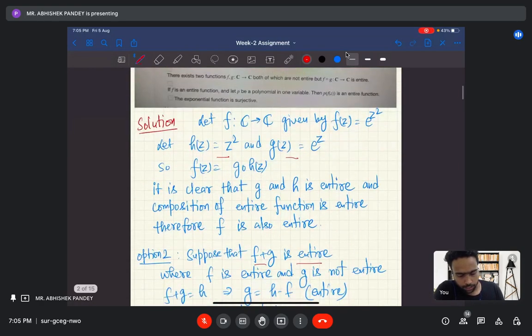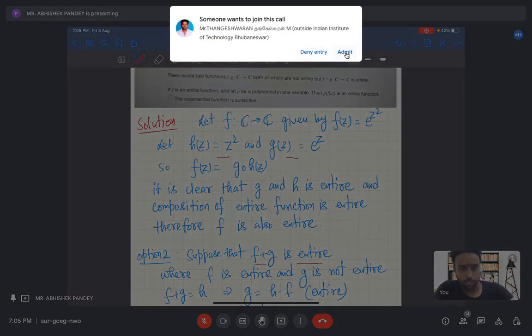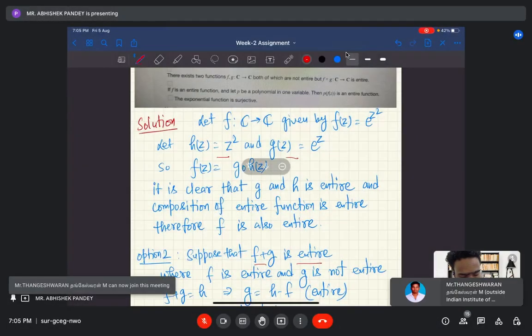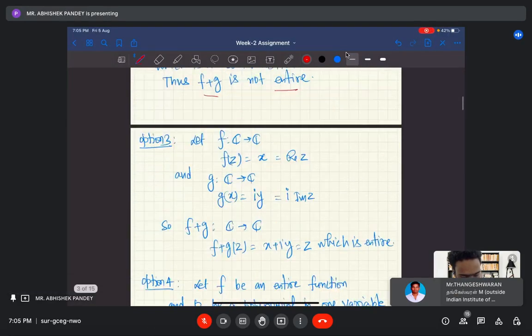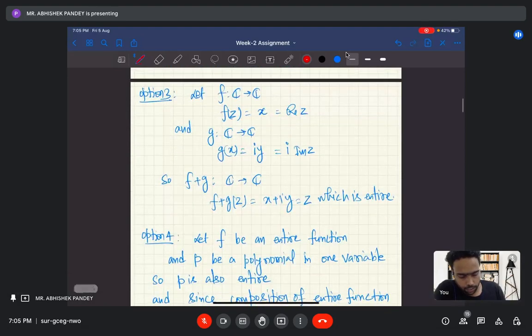Now the third option is about the existence of two functions. It asks whether there exist two functions f, g from C to C, both of which are not entire, but f + g is entire. Let f(z) = x, the real part of z, and g(z) = iy, i times the imaginary part of z.